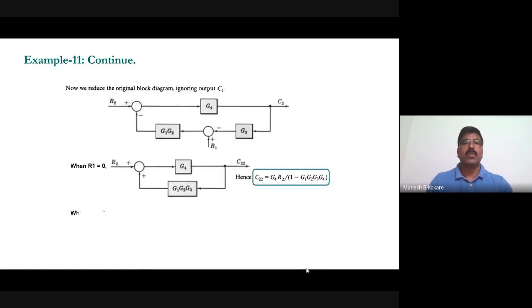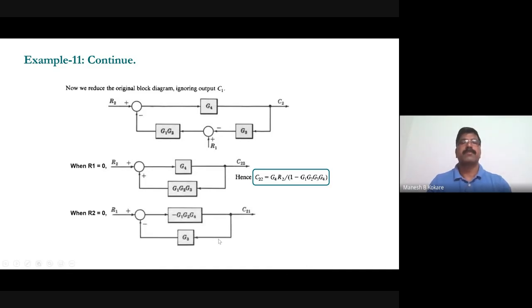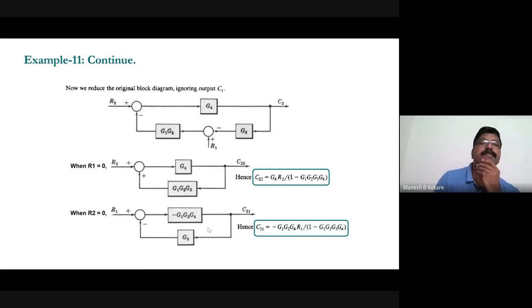By simplifying this one, you got this one. Any doubt? No, sir, clear. Okay, fine.